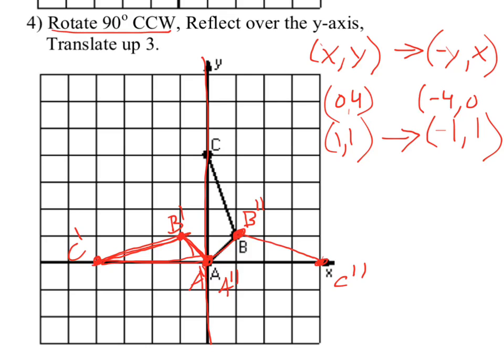So now we got the triangle over there, and we need to translate up 3. So just take all these points, go up 3. That's going to be C triple prime, and B triple prime is going to be there, and then A triple prime is going to be right there. Connect that up, then you got your new figure.